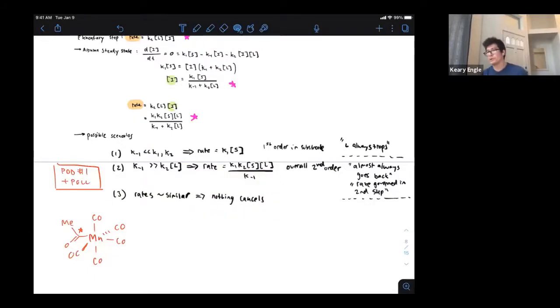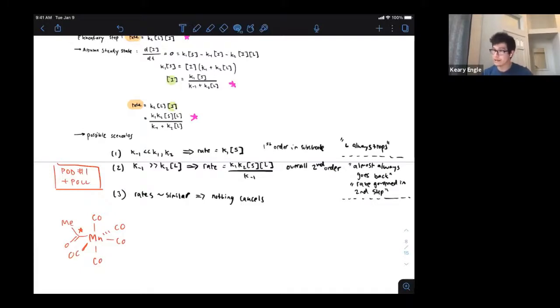Part of the reason why I think it's useful to do an exercise like this is that, as organometallic reactions go, this is about as easy as it gets. You have one group migrate and then you trap, and you see already the mechanistic complexity in terms of how this manifests in the underlying rate laws. So a couple of takeaways here: one, you can distinguish between these possibilities using carefully designed kinetic experiments.